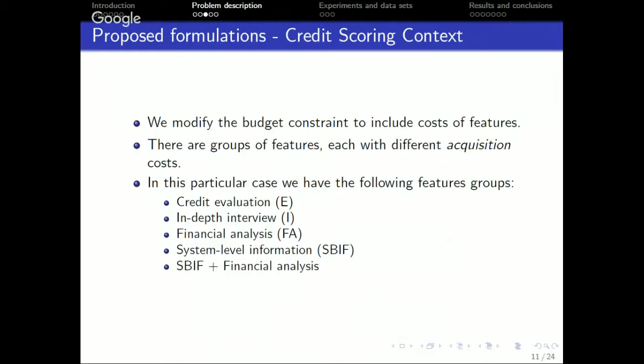If you see that the customer has potential, you decide whether or not to perform a more detailed interview, and you gather more information, but you spend more money because you are using your analyst's time, etc. Then you can perform some preliminary financial analysis, some basic evaluation that the company performs. There is other information that you can buy. For example, DICOM or the Superintendencia de Bancos y Instituciones Financieras. You have to buy it. This is very expensive. You have to buy it.